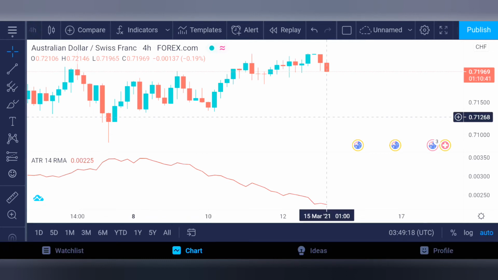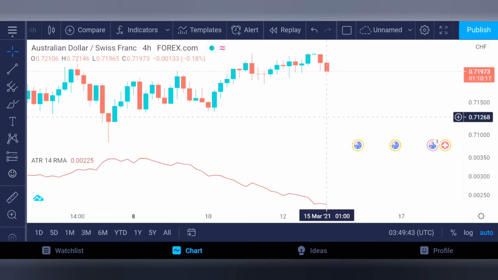Now, basically, you read that number the same way you read the price of your currency, only that you ignore the 5. It's the same 4 decimal places like you read for price, but you just ignore that 5 because that's a pipette. So you just read it the same way.